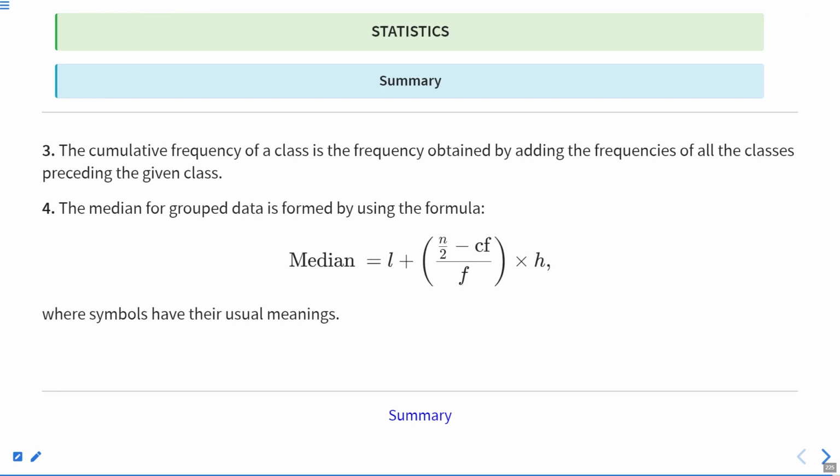Third point: the cumulative frequency of a class is the frequency obtained by adding the frequencies of all the classes preceding the given class. Fourth point: the median for grouped data is found by using the formula median is equal to L plus (n by 2 minus CF) divided by f, times h, where the symbols have their usual meanings.